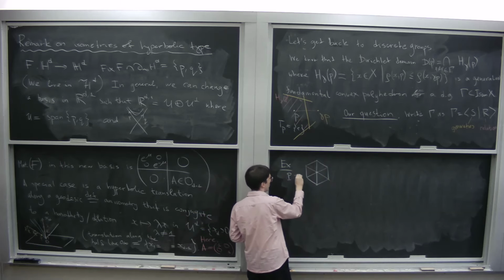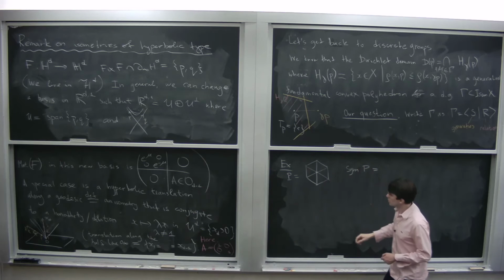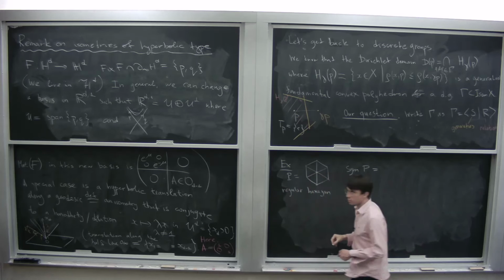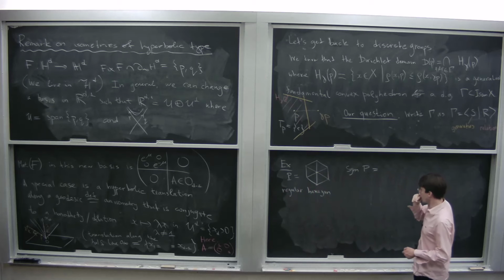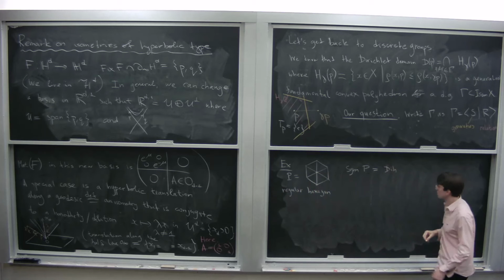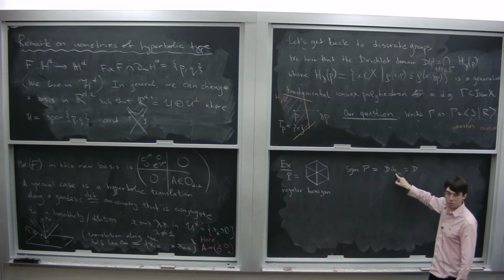So this is my P, and the symmetry group of P is sometimes denoted as D sub n if it is n sided.